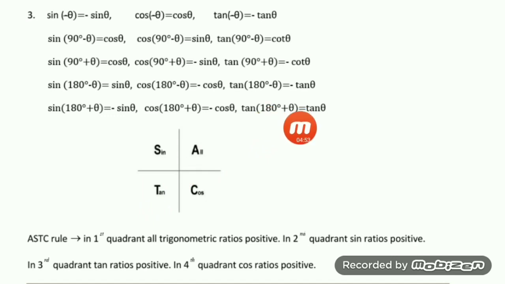First see in which quadrant the angle lies, then put the sign there. Then you see whether it's an even multiple of 90 or an odd multiple of 90. Here it is an even multiple of 90 because 2 into 90, and 2 is an even number. So tan remains as it is. And lastly, you put the acute angle here. This way you have to convert different types of angles. I have explained here the ASTC rule, as I mentioned earlier.